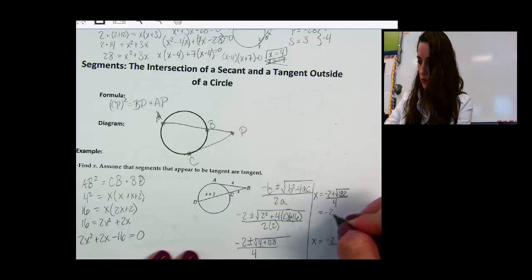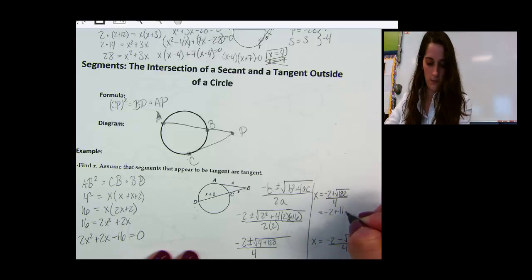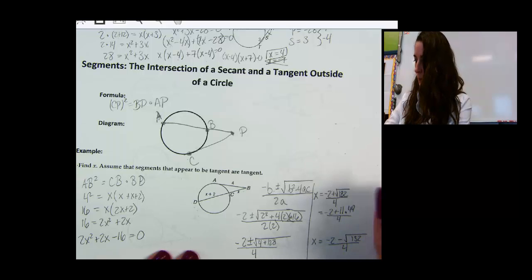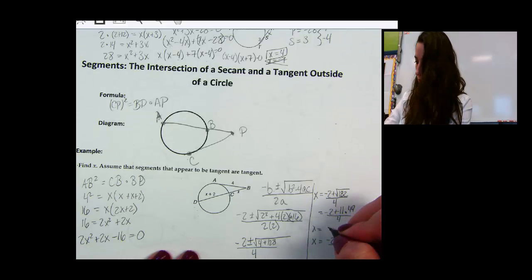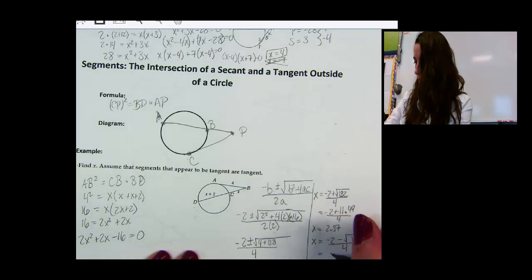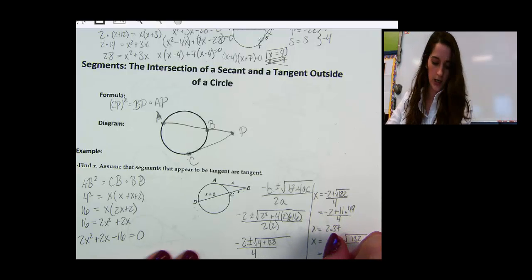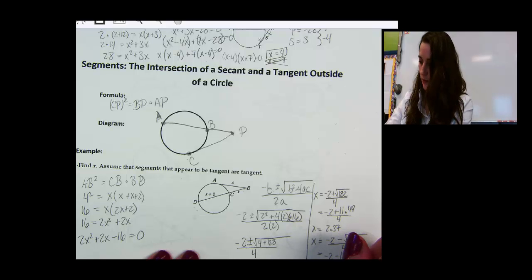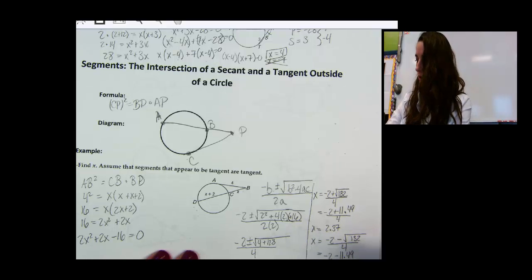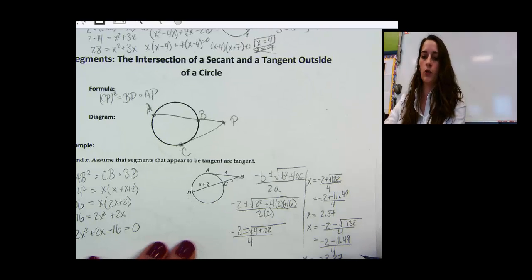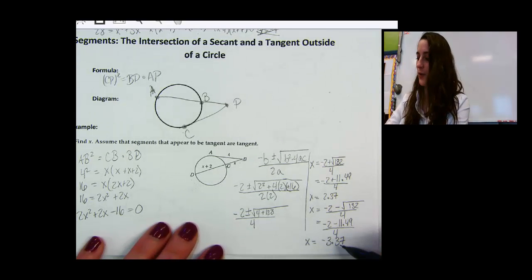So we're going to get negative 2 plus 11.49 all over 4. So we're going to get x equals 2.37, or we're going to get negative 2 minus 11.49 all over 4. So we're also going to get x equals negative 3.37.